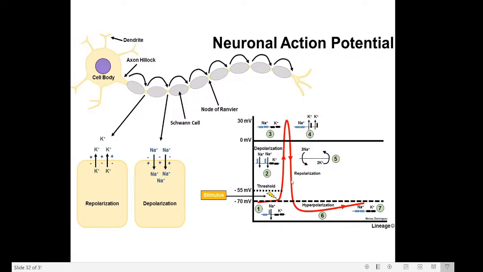During depolarization there is a high increase of the voltage. During the increase of voltage, that is depolarization, and the voltage increase is due to Na plus ion intake at the node of Ranvier. Okay, repolarization is the release of K plus ions.